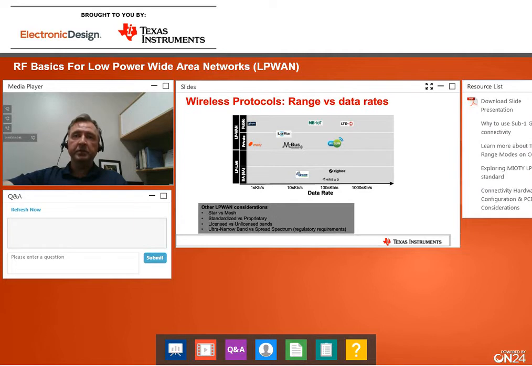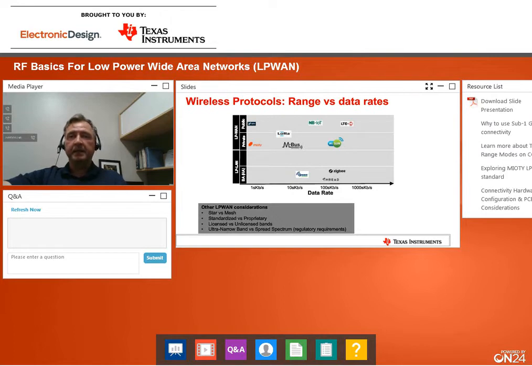There are new technologies coming out. We are investing heavily in a new technology called MIOTY, which I will discuss a little bit later in the presentation. And of course, there's also wireless M-Bus, and then the one that we think is going to be a main driver for Sub-1 GHz going forward, or LPWAN technologies, and that is Wi-SUN.